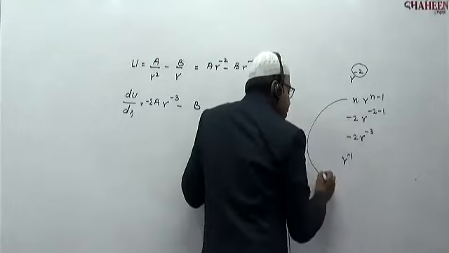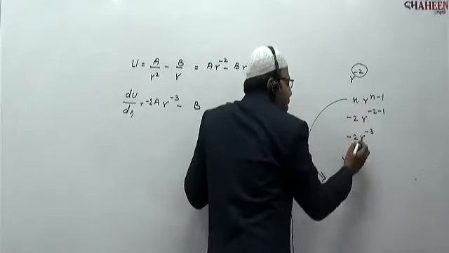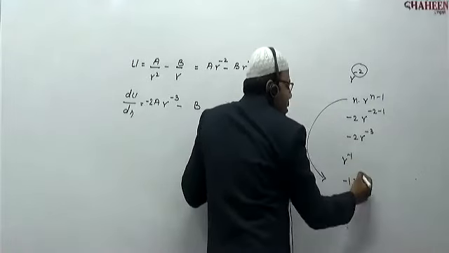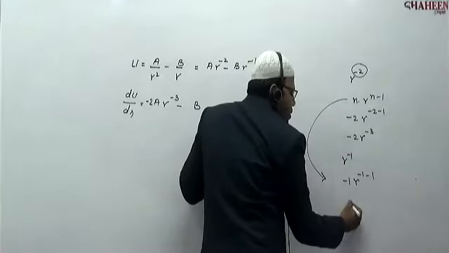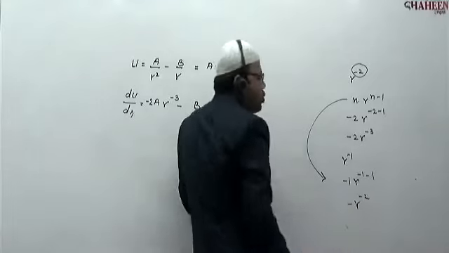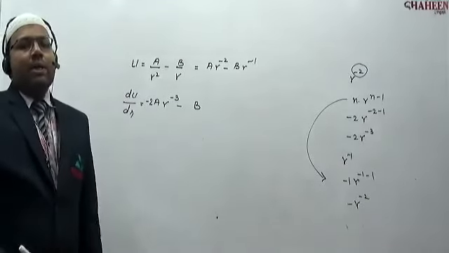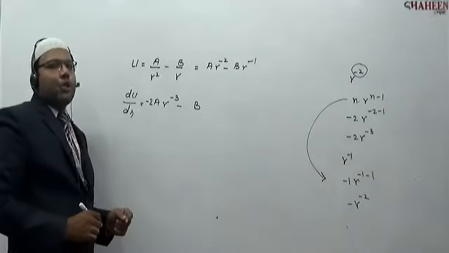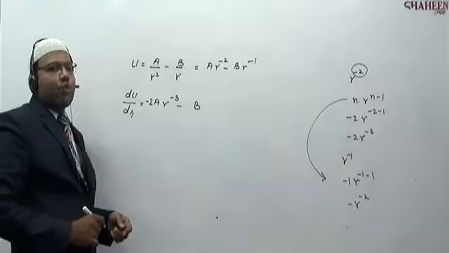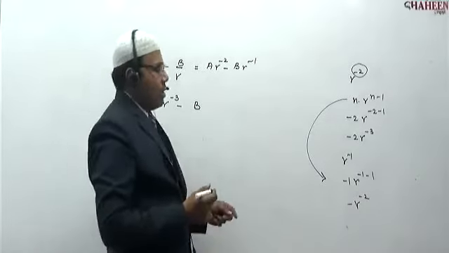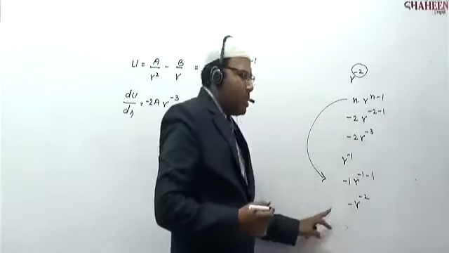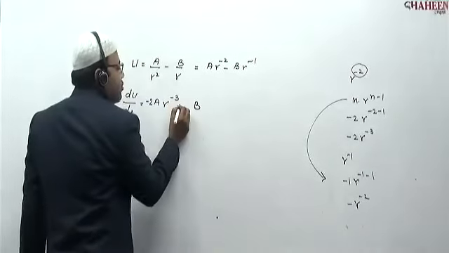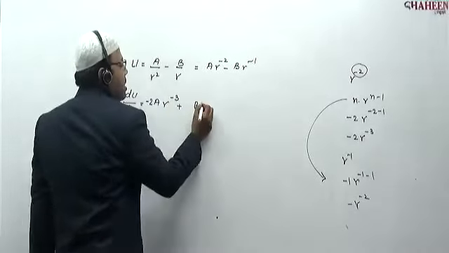Again we apply the same formula: n into r power n minus 1. n is minus 1, r as it is, n minus 1 is again minus 1. So we get minus r power minus 2. Now we simply substitute this here. So this minus into this minus will become plus r power minus 2.